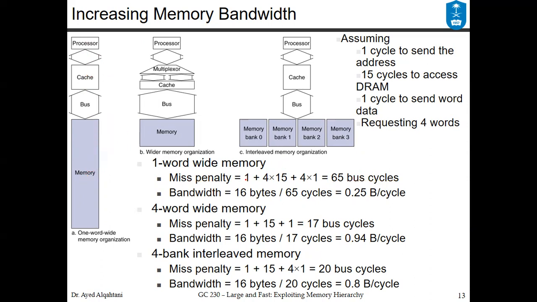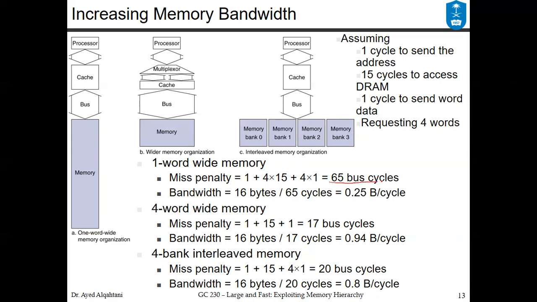And this is why we have 1 for sending the address, 4 times 15, because we have a one word wide memory organization. So here we can send only one word. If you are requesting 4, then we have to repeat it 4 times. This is why we are multiplying 4 times 15. And similarly, we are multiplying 4 times 1 for sending the word data back.